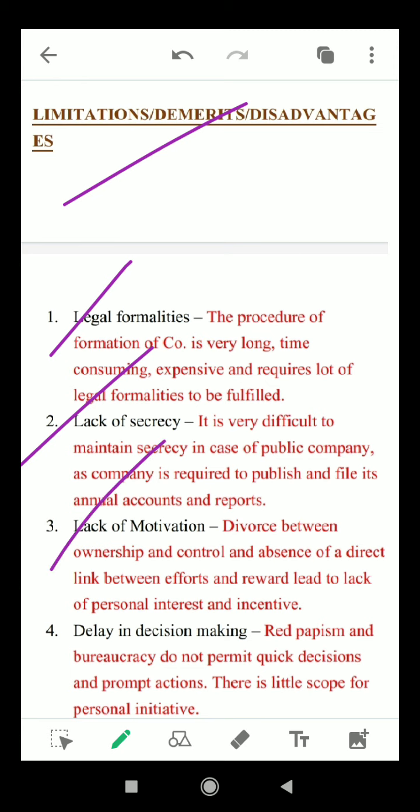Next is lack of motivation. Divorce between ownership and control, and absence of the direct link between efforts and reward lead to lack of personal interest and incentive. Because see, there are different owners and there are different management or the controllers. So the absence of that direct link between themselves creates a lack of motivation.